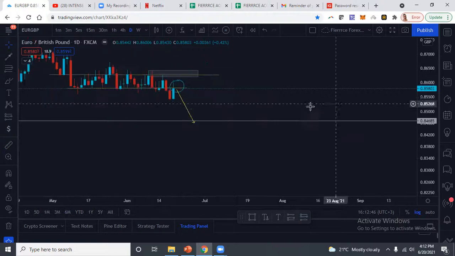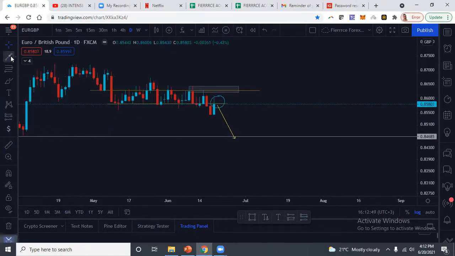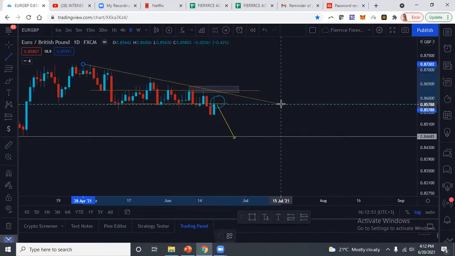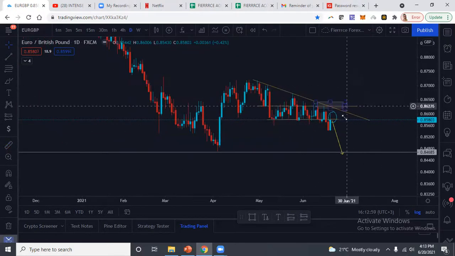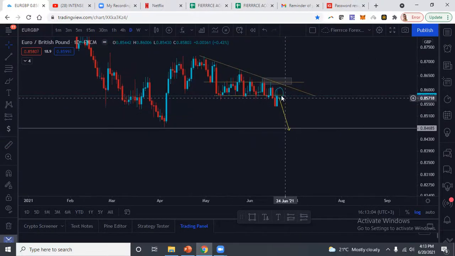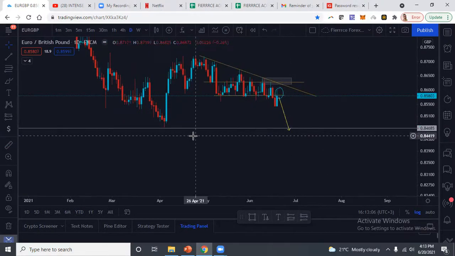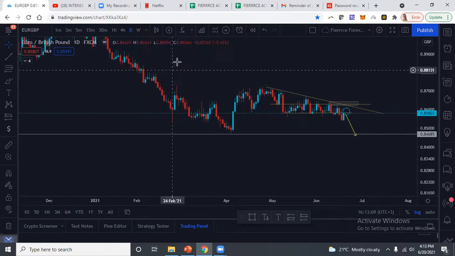But we are scaling lower highs, as you can see with the trend here. The trend is down. So unless it breaks structure up here, I wouldn't even consider getting into a buy. This rejection here is telling me we are still headed lower. So that's what I'll be looking at for Euro GBP.